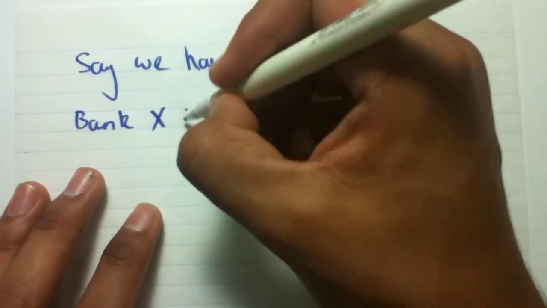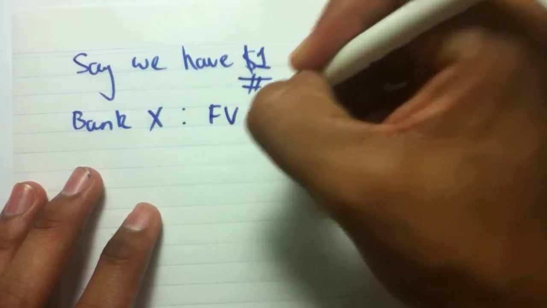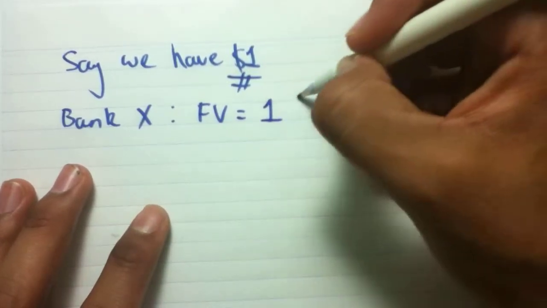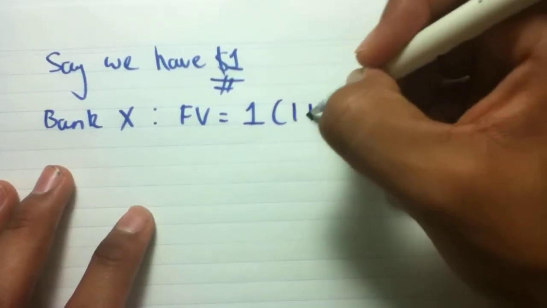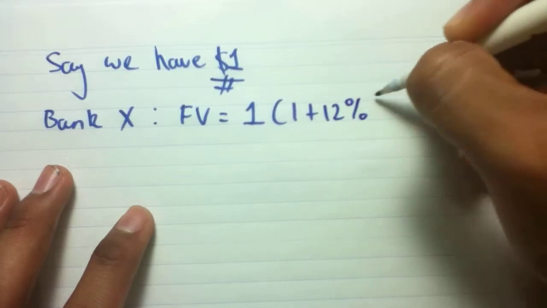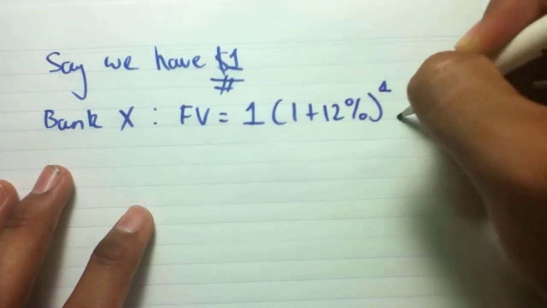Okay, so say we have $1. Bank X says this: hey, your future value is going to be equal to $1 times 1 plus 12%, all to the power of 1.